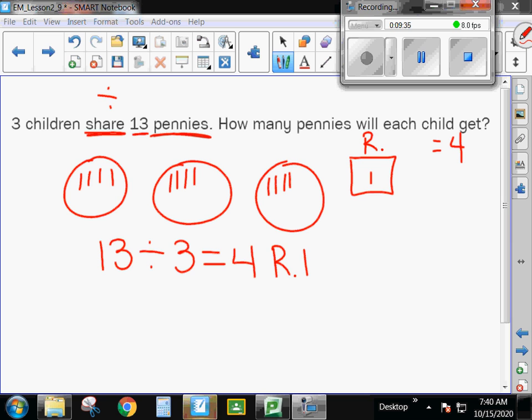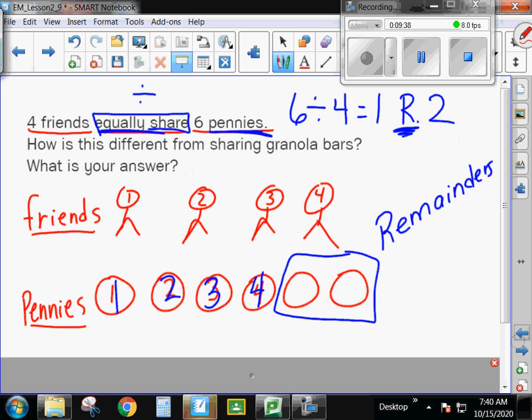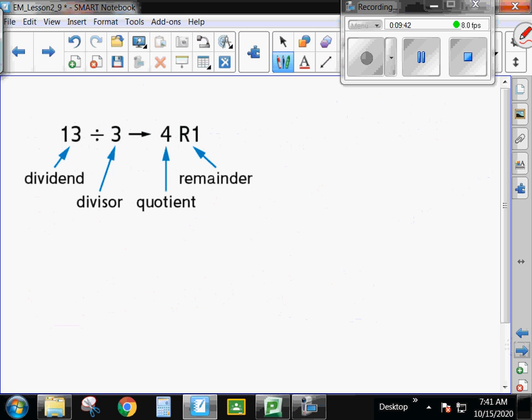All right, so let's look at this number model on my next screen here. Whoops, I went the wrong way. All right, so now here's all the parts and pieces of that number model. This first number here is actually called the dividend, and this number that we're dividing it by is called the divisor.